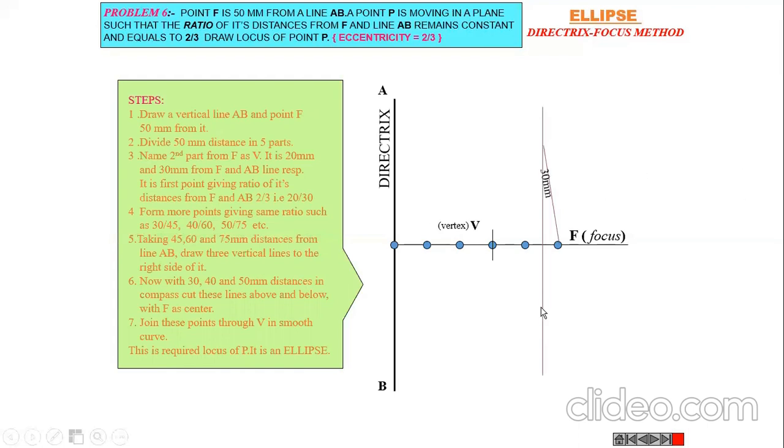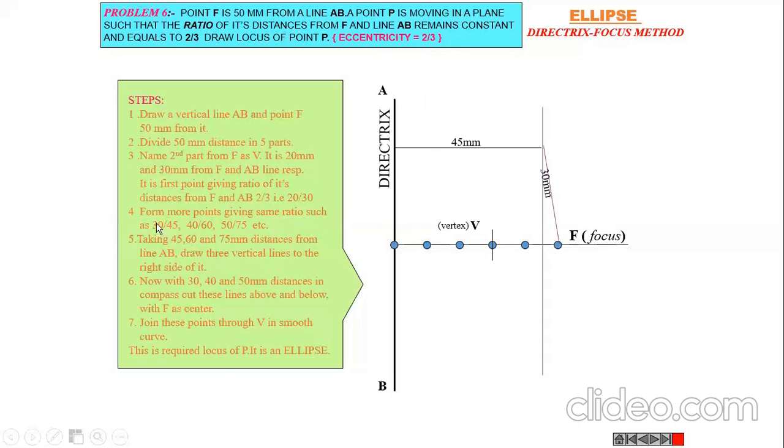Draw a vertical line for the next point from F point. So 30 from here, because the distance is 30 mm from F, and 45 mm from the directrix or AB. For more points with the same ratio, such as 30 and 45, 40 and 60, or 50 and 75, we can calculate this. 20 by 30 is the ratio given in this problem.